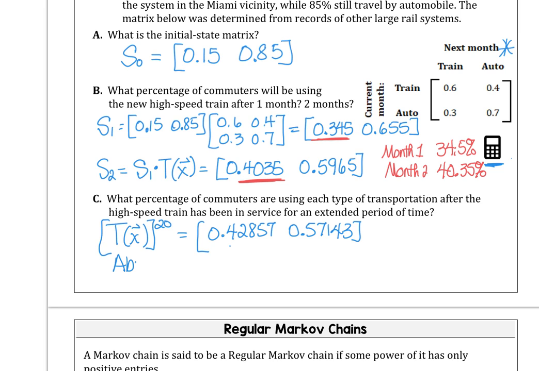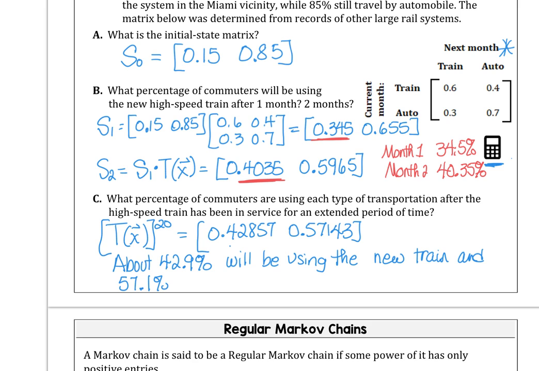We find that about 42.9, almost 43%, will now be using the new train, but there's still about 57.1% will still be driving their own vehicles. Okay.